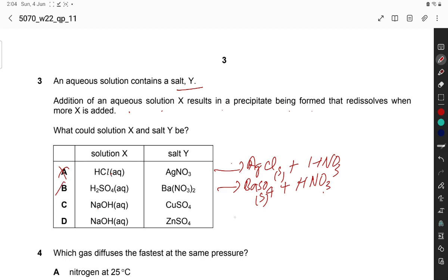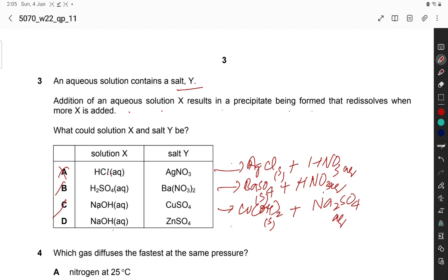Sodium hydroxide with copper(II) sulfate forms copper(II) hydroxide, and it remains insoluble when excess sodium hydroxide is added, plus Na2SO4. These are aqueous, so it is solid, and when excess sodium hydroxide is added, it remains insoluble.